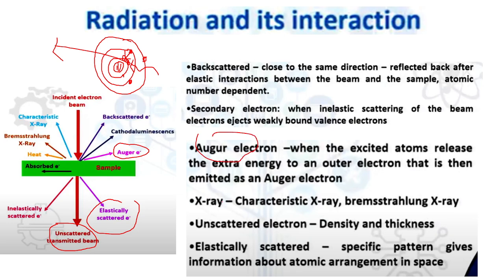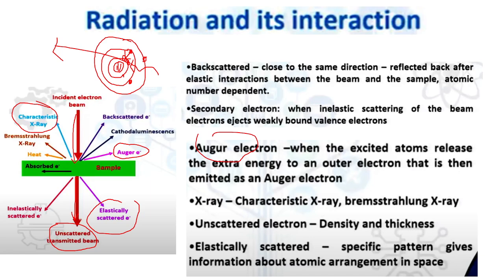The fourth one is the X-ray. If that excess energy is released through X-ray, that can also happen, and this is the characteristic X-ray. So when an electron is coming down, that excess energy can also be released as X-ray radiation. Then the unscattered electron: it is just incident here, and without changing any angle, it directly comes out.